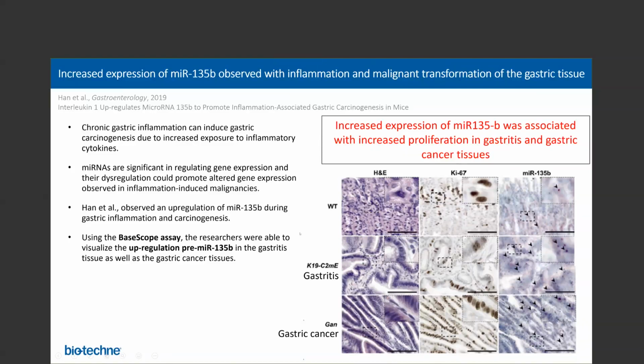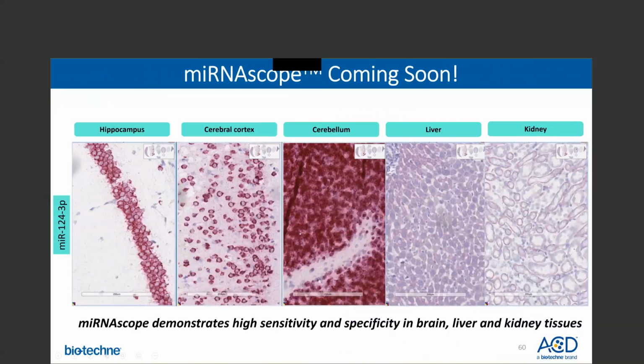Thank you, Anushka. So this takes us nicely into a new product that's coming soon, which is going to be RNAscope. Shown on this slide is staining for mature microRNA 124.3p in the hippocampus, cerebral cortex, and cerebellum of the brain, and then liver and kidney.